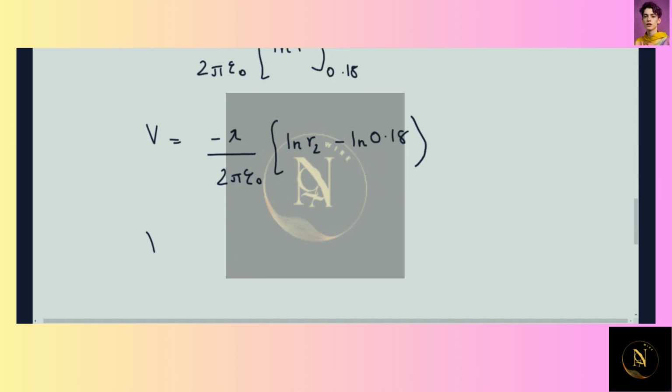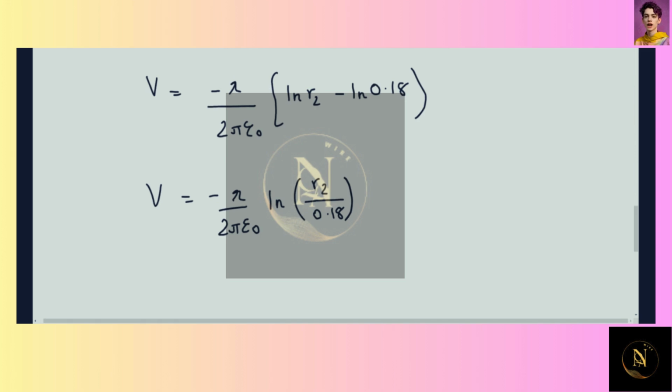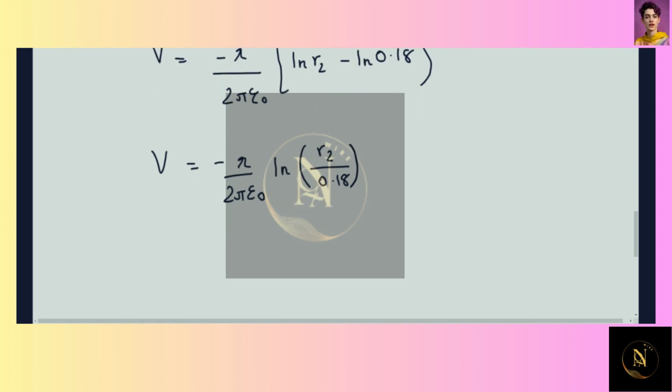And using the properties of logarithms, we can actually write it down as the natural log of R2 divided by 0.18. Now the total work done by the field is actually equal to the potential times the charge.